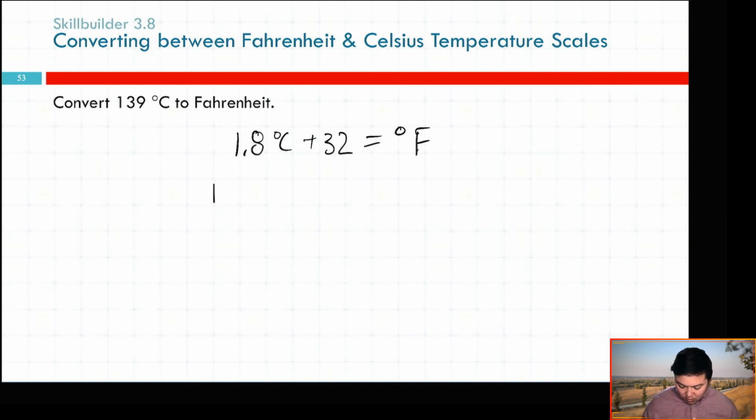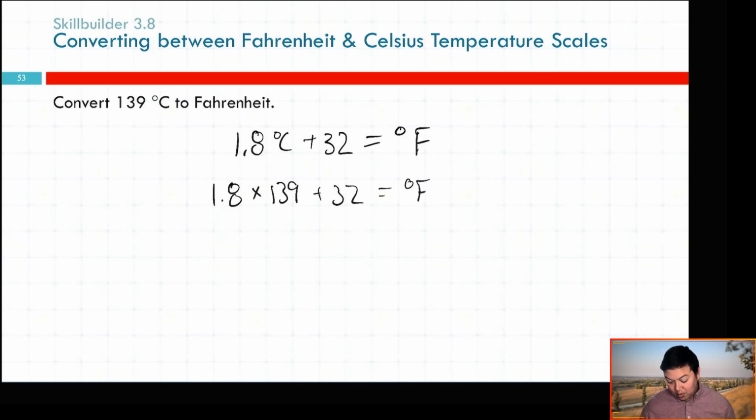Okay, so 1.8, right? And we're going to multiply by, I'm leaving out the units here because we're going to end up with different units. And these units don't cancel, they don't manipulate like other conversions do. 1.8 times 139 plus 32.